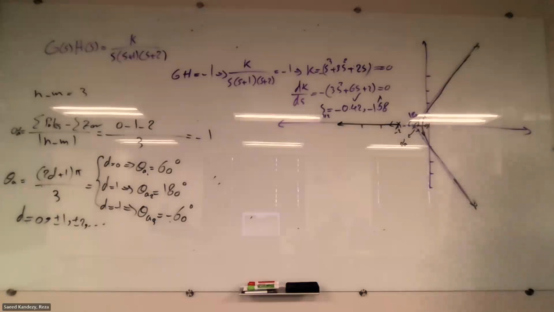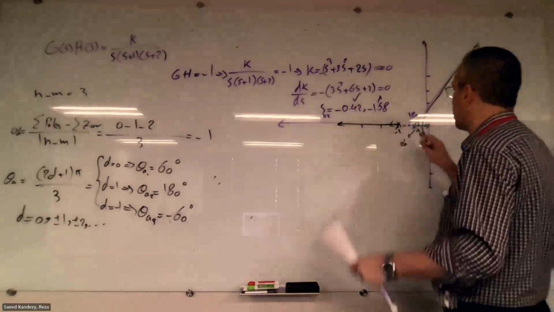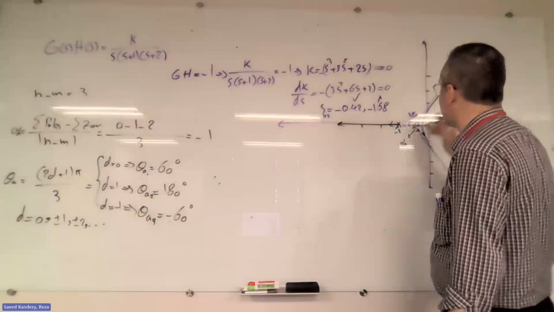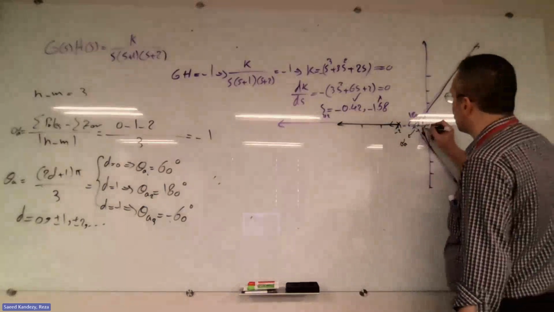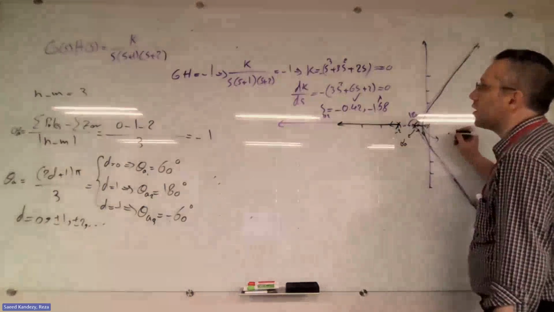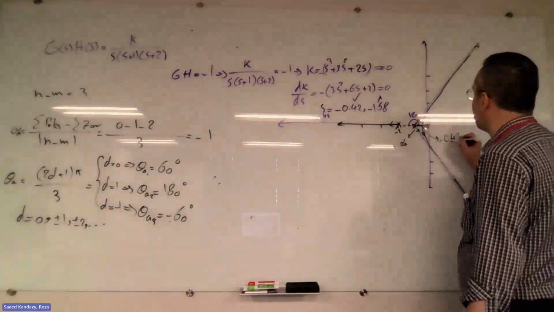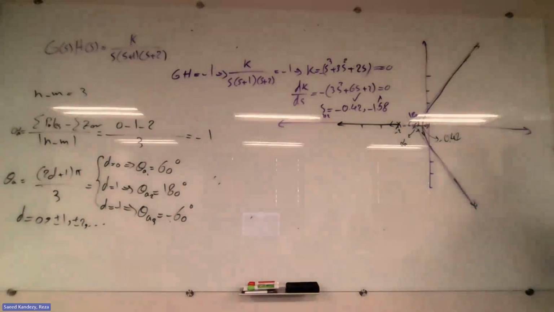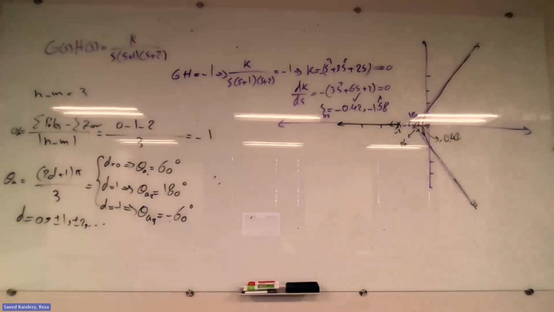Any idea what we are missing to have the exact graph for the trajectories? Anyone remember that? What point here you don't have? These are the poles, the thetas and trajectory. This point of breakaway is minus 0.42. What point in this trajectory don't you have yet?